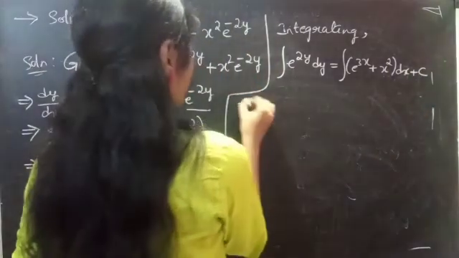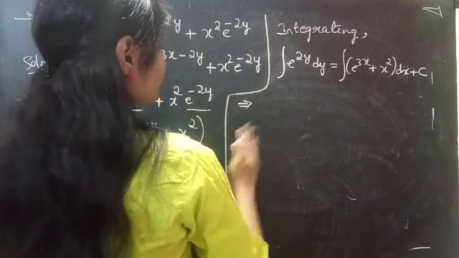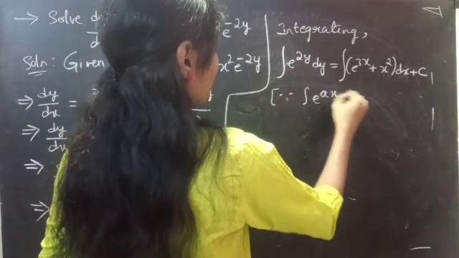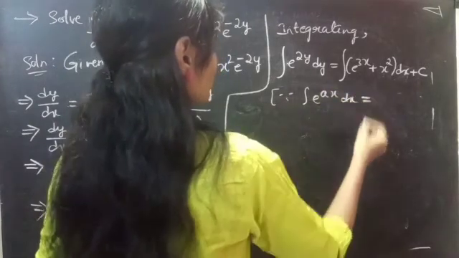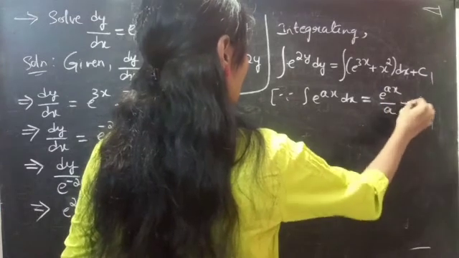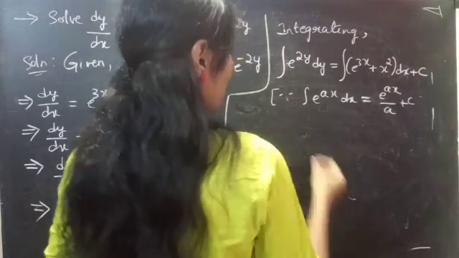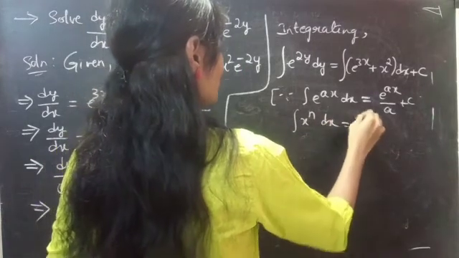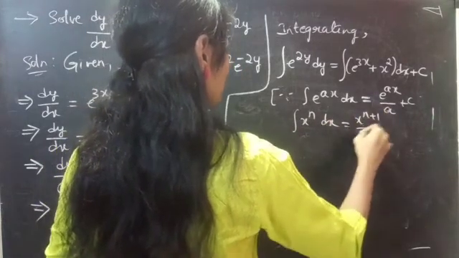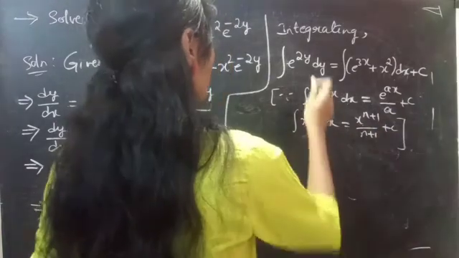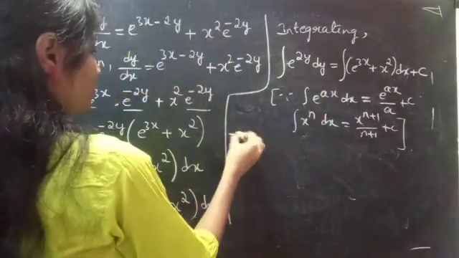So this implies, since we know that integral e power ax dx equals e power ax by a plus c, and also integral x power n dx equals x power n plus 1 by n plus 1 plus c. So using these formulas, we'll solve this integration.